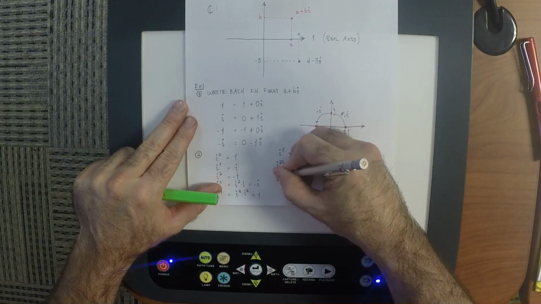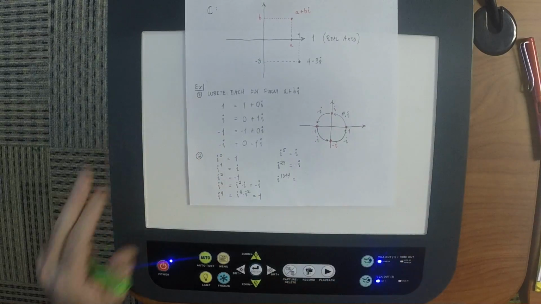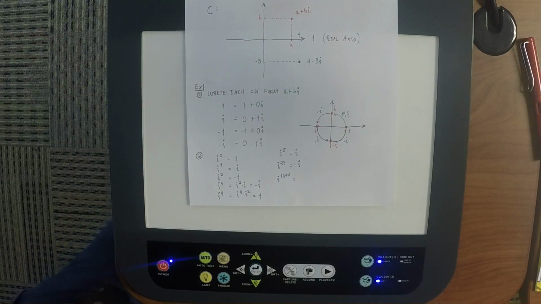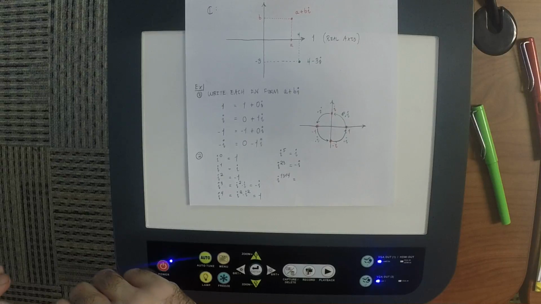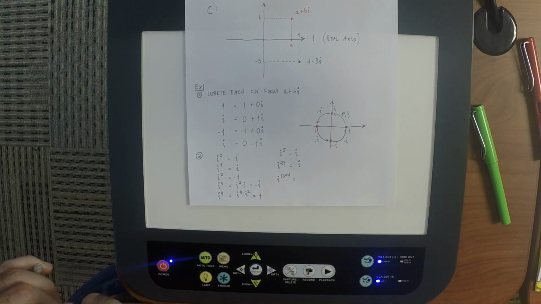Okay, how about i to exponent 1,314? Well, that's a whole bunch of them, isn't it? So, how about the 1,000? Is 1,000 divisible by 4? It is, isn't it? So you could just drop the 1,000.